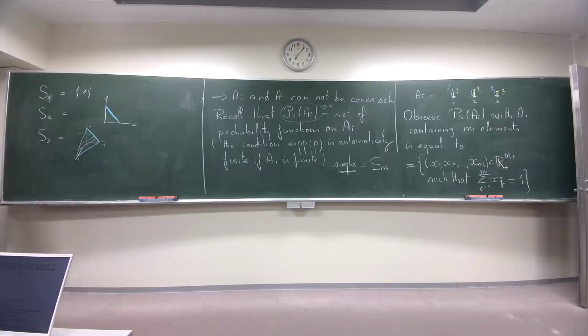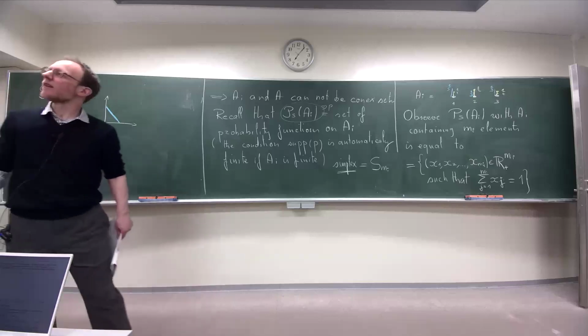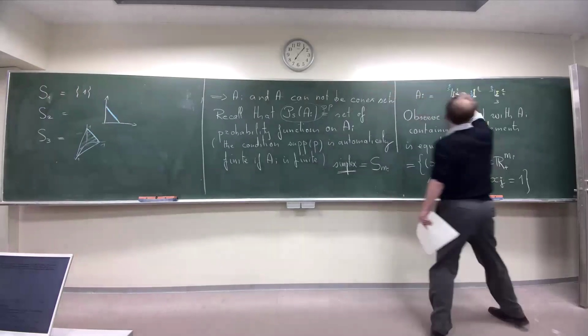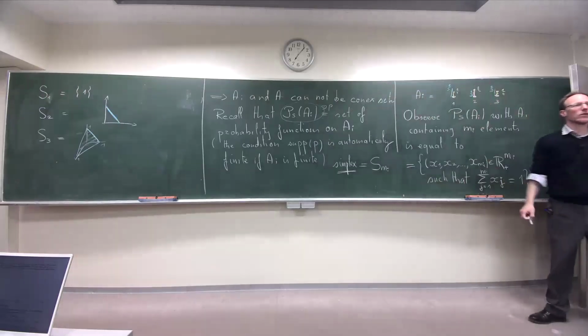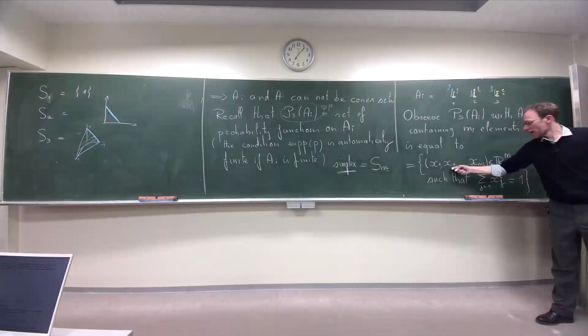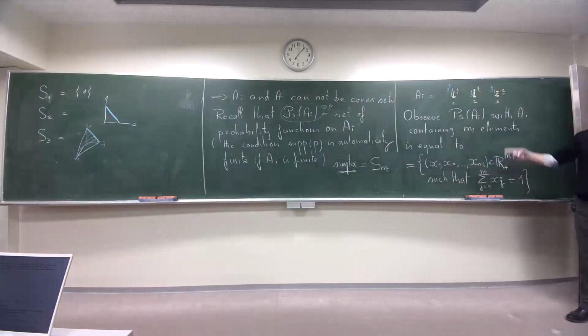Okay. Is it the same straight line or a triangle? Here it takes arbitrary values. We are in R3. The second one, we are in R2.